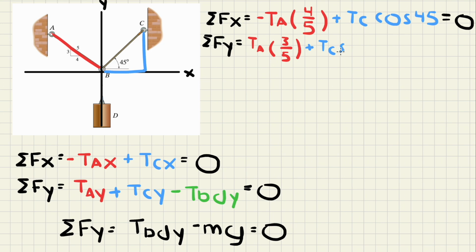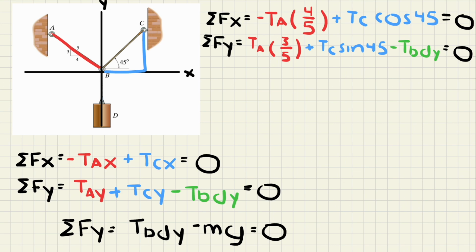So sine 45. And then this one, negative TB dy, and then equals 0. So these equations are going to be what helps us find our tensions.